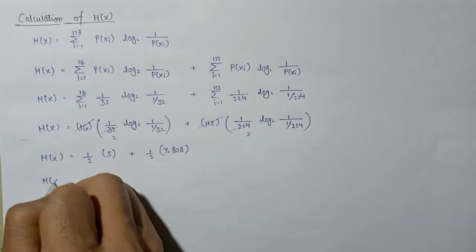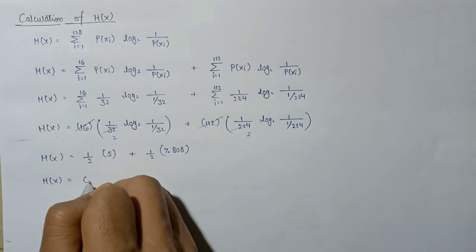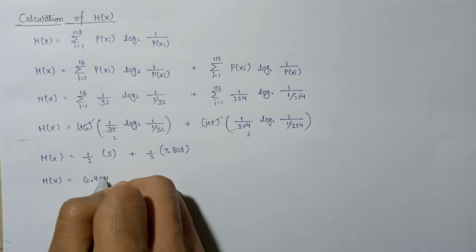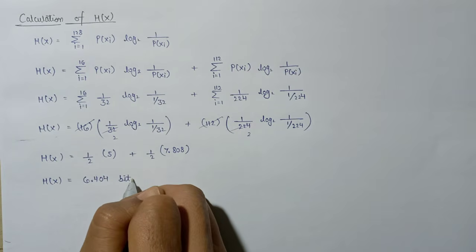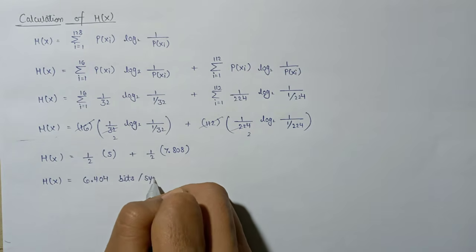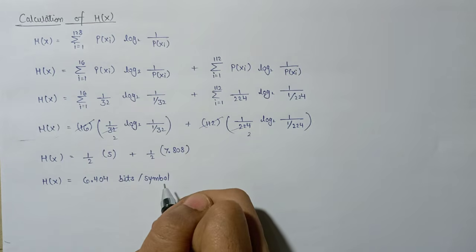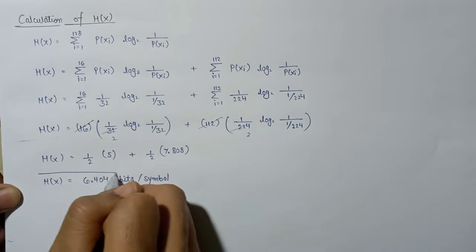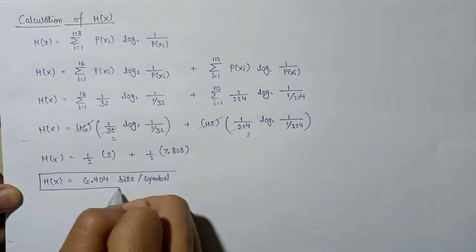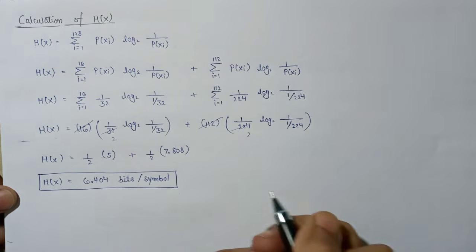So the value of h of x is equal to 6.404 bits per symbol. This is the final value of entropy that we need to calculate the information rate.